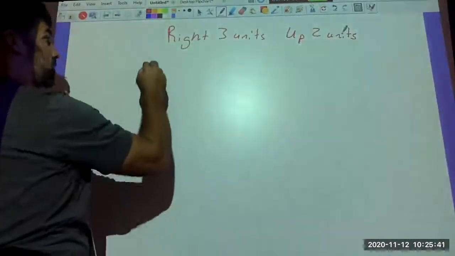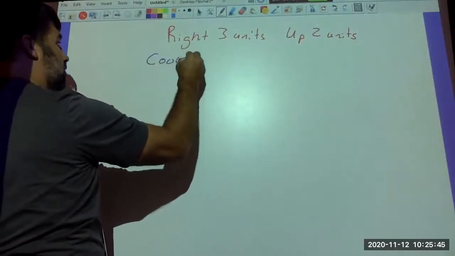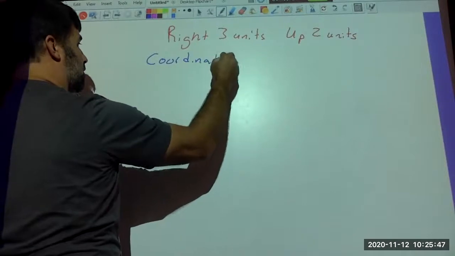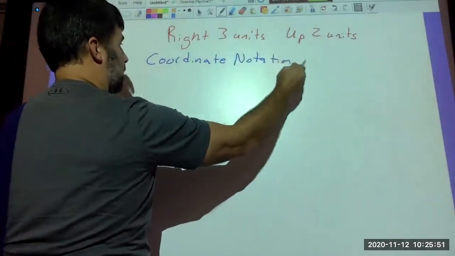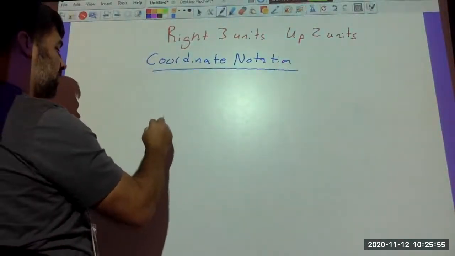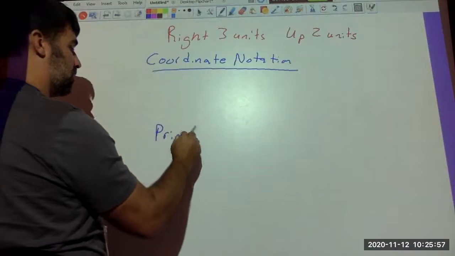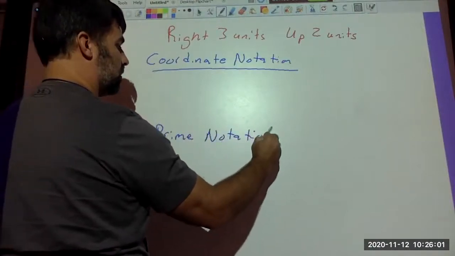We're going to put that in what they call coordinate notation. And we're going to use coordinate notation to put it in prime notation. And we need both of these to do the assignment that you're supposed to do today.